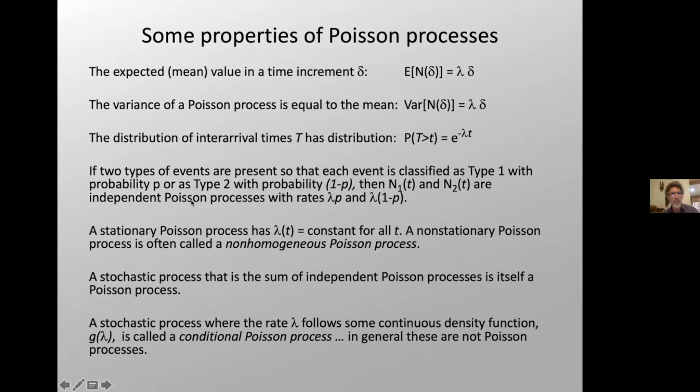Then you have two independent Poisson processes with this sort of mixing ratio. If it's stationary, okay? A stationary process has lambda constant. Lambda is often called the intensity of the Poisson process, okay? And if it's non-stationary, it's called either a non-homogeneous or inhomogeneous or non-stationary Poisson process.